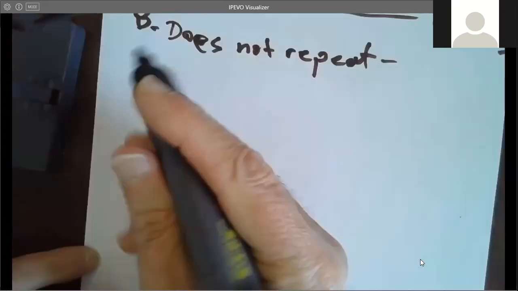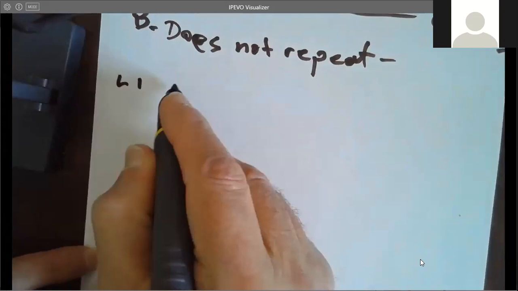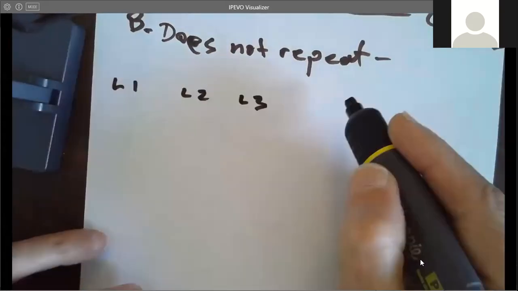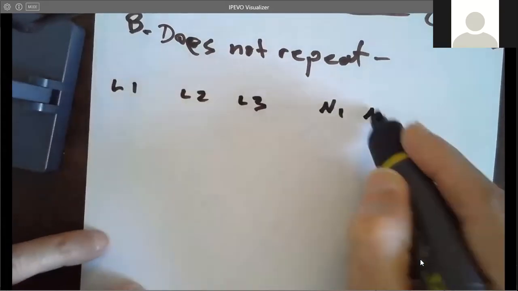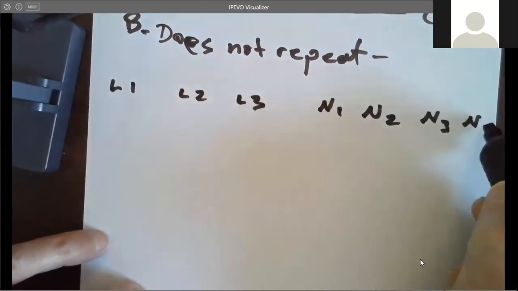Okay, so you're going to have letter 1, letter 2, letter 3. So there's 3 letters followed by 4 numbers. So there's going to be number 1, number 2, number 3, number 4.